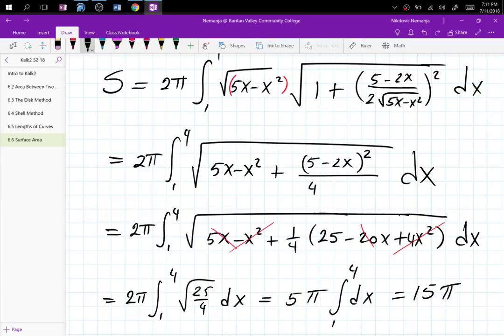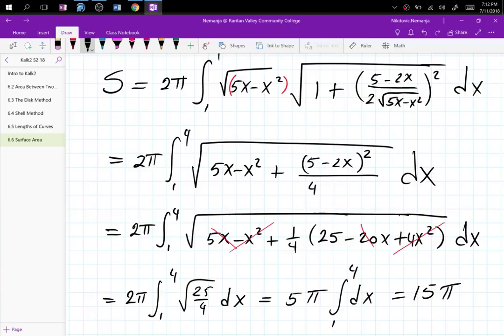How did you cancel through like the one up on the bottom? These ones. Can you just walk through that again? So I have negative x squared. I have 1/4 of 4x squared. So a quarter kills the 4. So I have a negative x squared and positive x squared. They're gone.